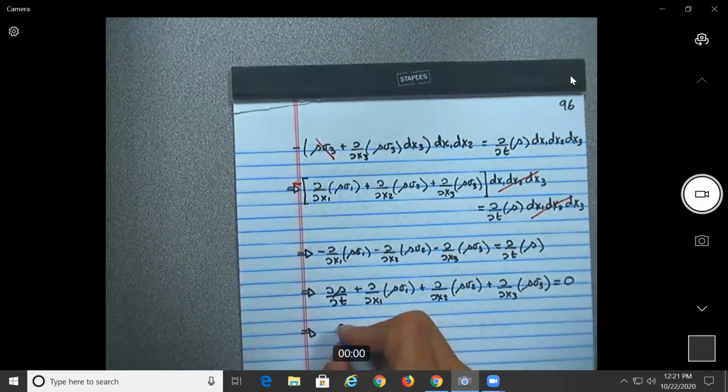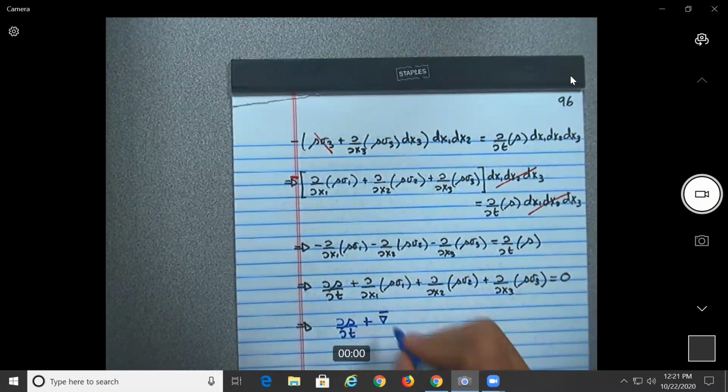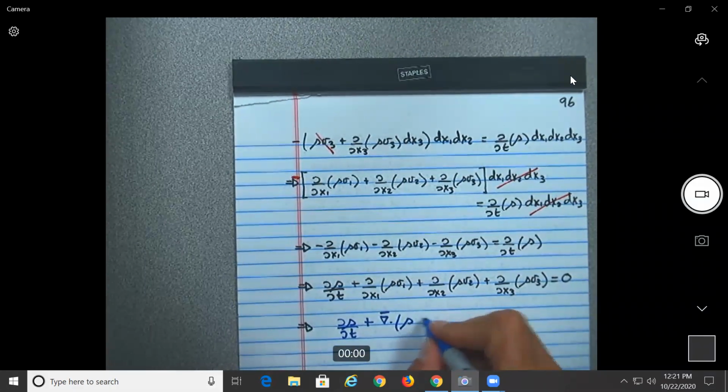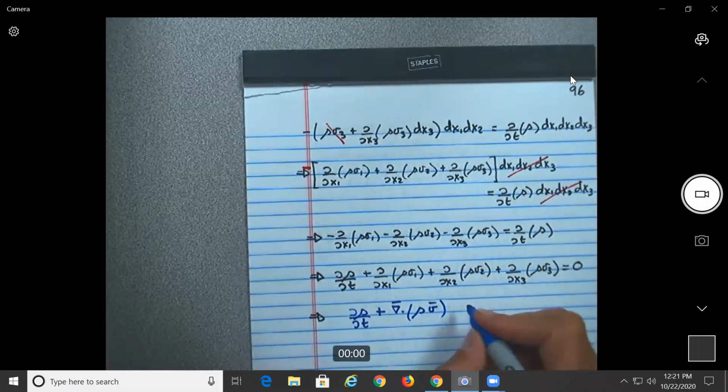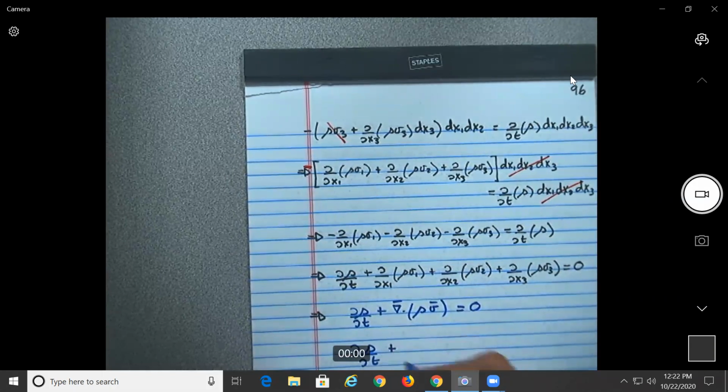Or we can rewrite that equation as partial of density partial t plus, what is this? When you take the partial derivative of each one of them, this is the divergence of rho V, the vector, and this is equal to 0. So this is the continuity equation that we can rewrite, if you want to use index notation, as partial of x sub i of rho Vi.